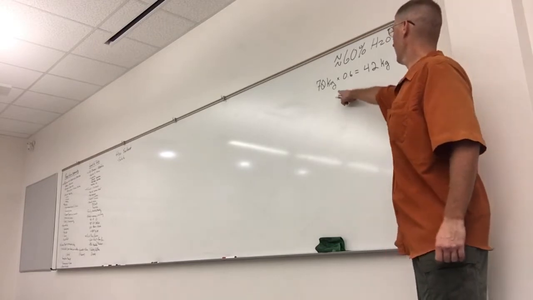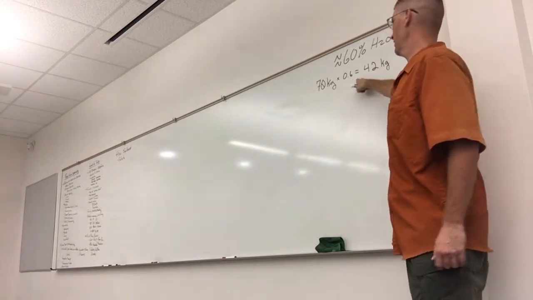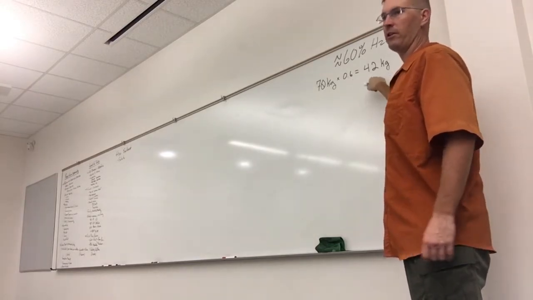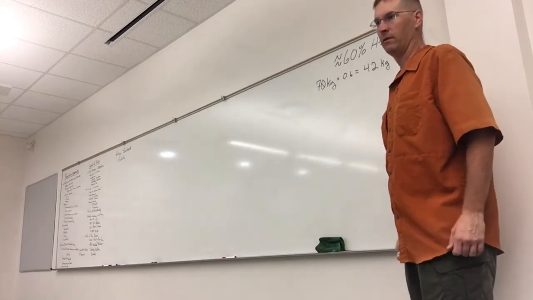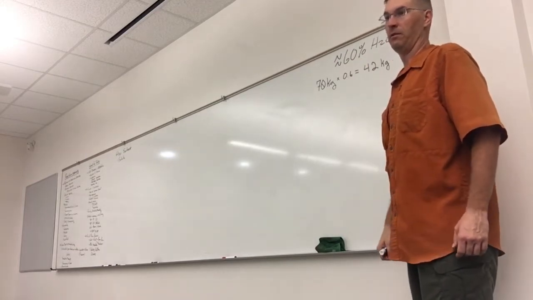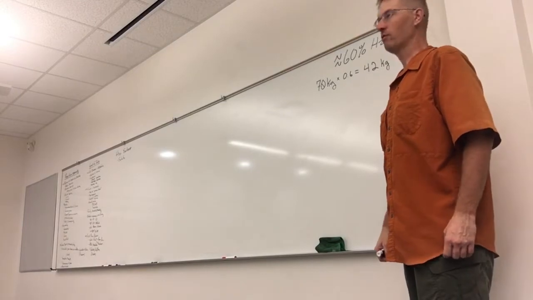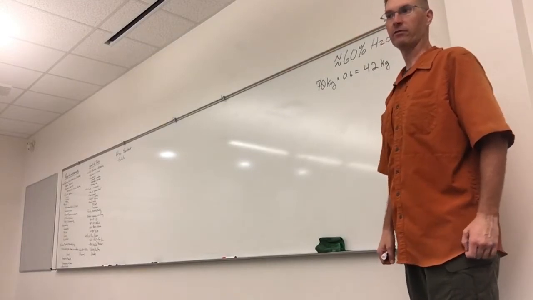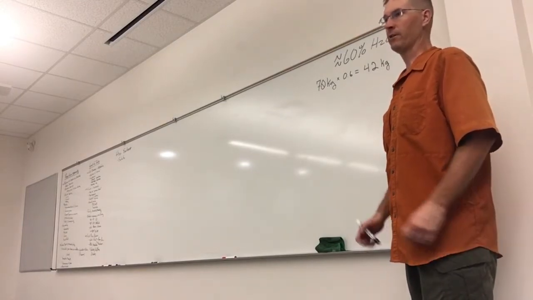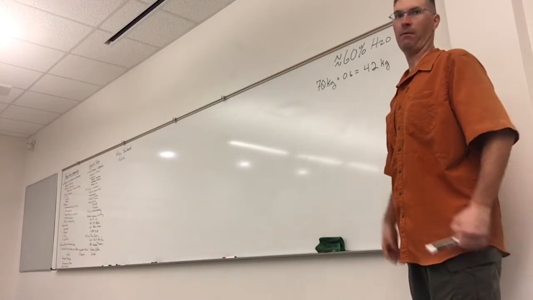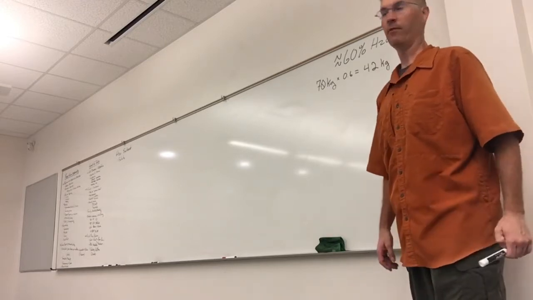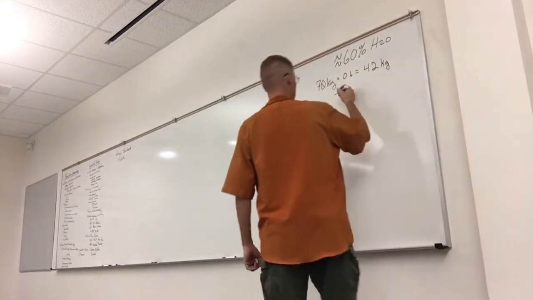So a 70 kilogram person multiplied by 0.6 gives us 42 kilograms. How many liters of water is that? Simple. 1 liter per kilogram. Good. So it's going to be 42 liters, right? In the metric system, 1 liter of water has a mass of 1 kilogram. So that's 42 liters of water.